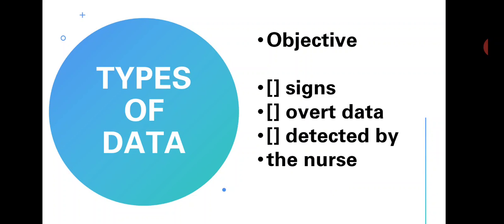So objective data are anything that is detected by the nurse. To avoid confusion, guys, objective data is anything that you see from your client. So basically, you are using the senses, ideally the senses of hearing, sight, smell, and touch.